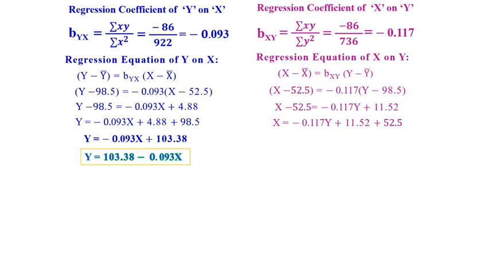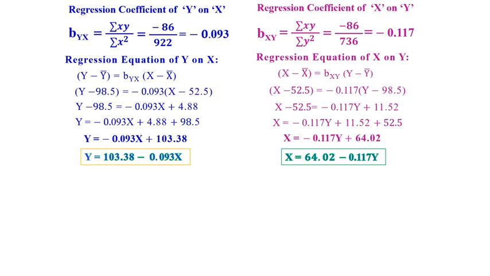So x equals minus 0.117 y plus 11.52. When minus 52.5 on the LHS is taken to the right hand side, it will become plus 52.5. Simplifying this, minus 0.117 y plus 64.02. I am writing this in a formal way: 64.02 minus 0.117 y.